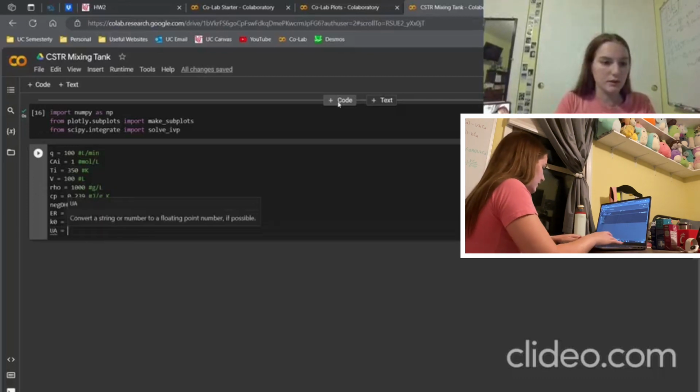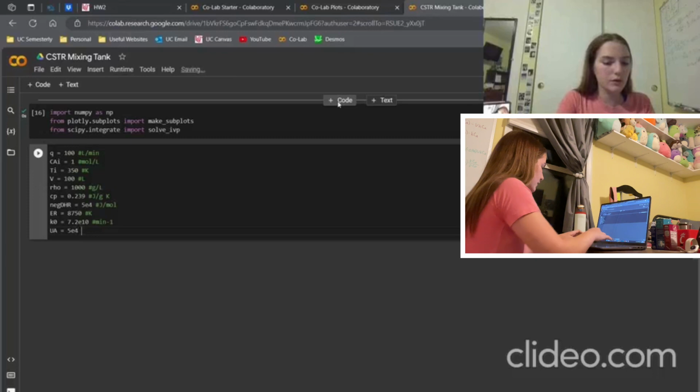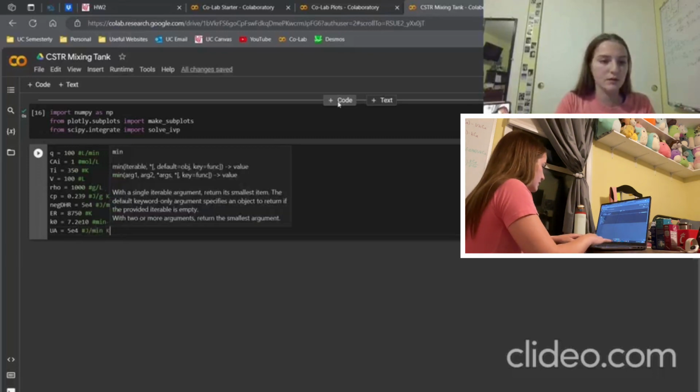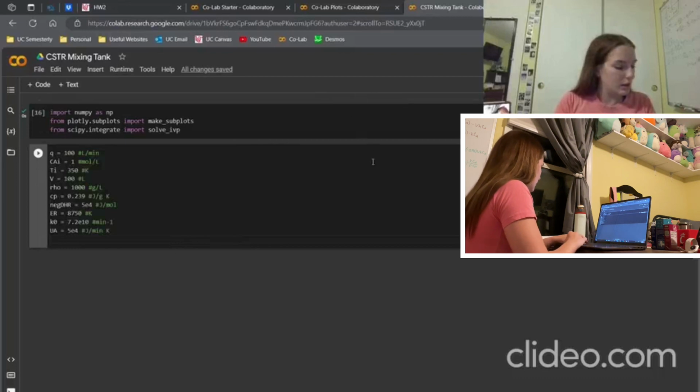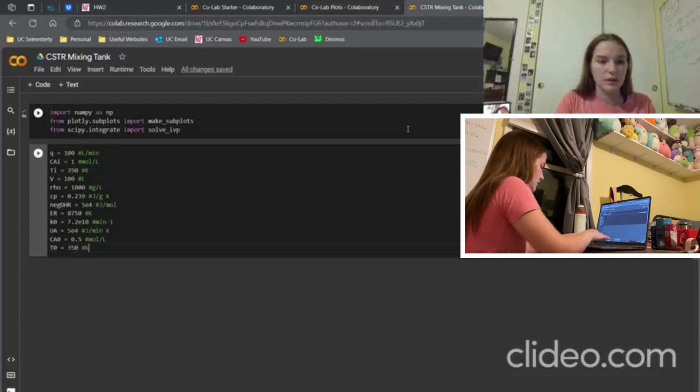Our UA is equal to 5 times 10 to the 4th, and that's joules per minute Kelvin. And then our CA naught is equal to 0.5 moles per liter. And our T naught is equal to 350 degrees Kelvin.